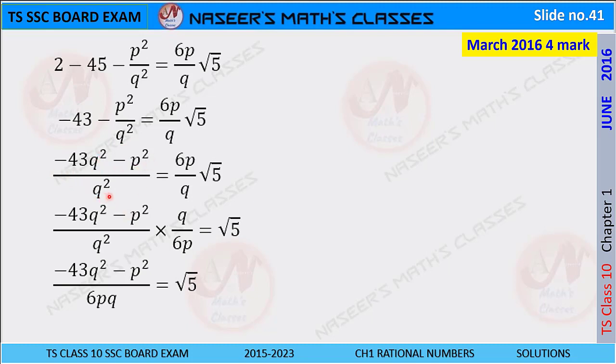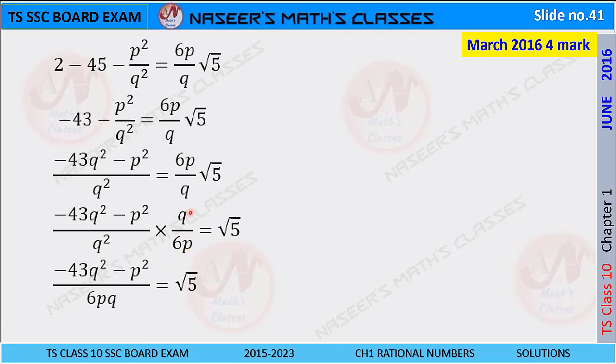Denominator as q square. And next we transpose 6p from numerator to denominator of LHS and q from denominator of RHS to numerator of LHS. Then we can write it as (minus 43 q square minus p square) by q square times q by 6p, which is equal to root 5.